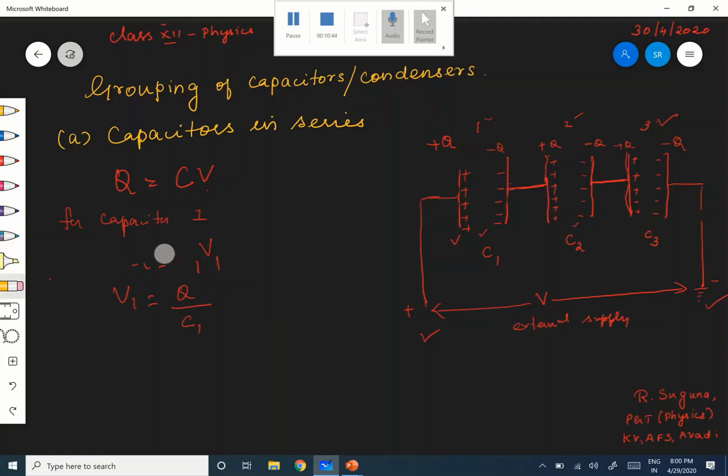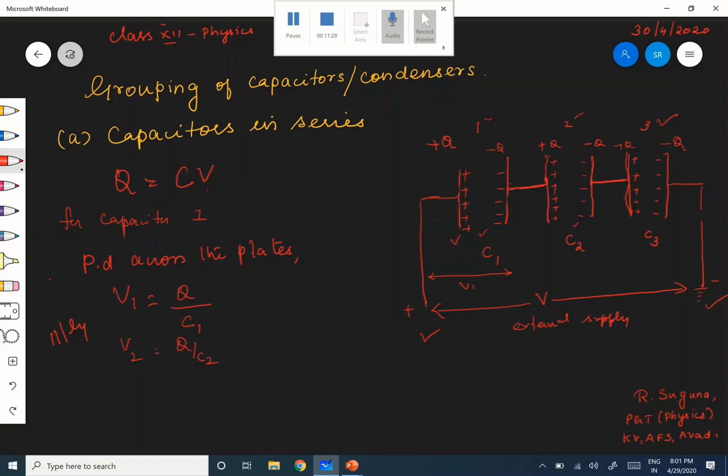Potential difference across the plates is V1 equal to Q by C1. Are you following? We consider V1 from here to here. Similarly, for the second capacitor, V2 is equal to Q by C2, because Q is the same.